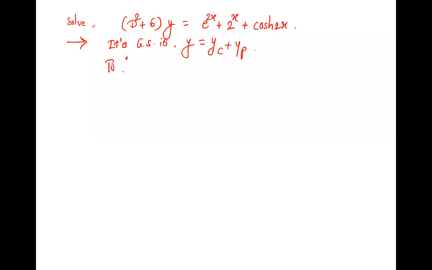So to find the complementary function, we have to consider the auxiliary equation. That is D square plus 6 is 0. Tell me the roots, please. Tell me the value of D. What is D?